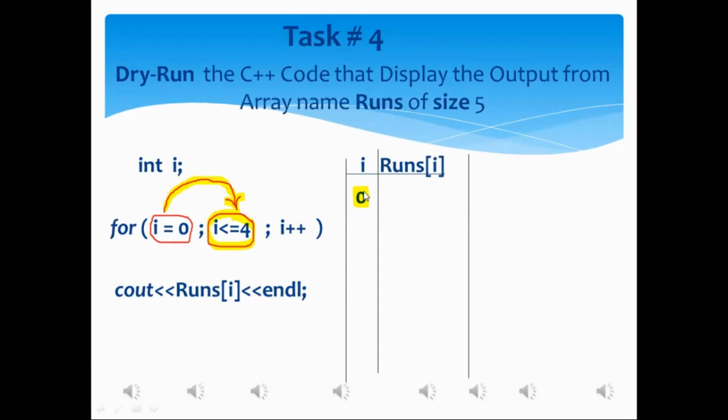If you place the value of I in the condition, what will this condition become? 0 is less than or equal to 4. Tell me, whether this condition is true or false. True, sir. Okay, your answer is correct, my dear.